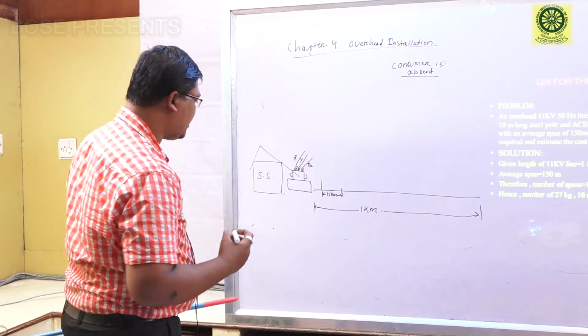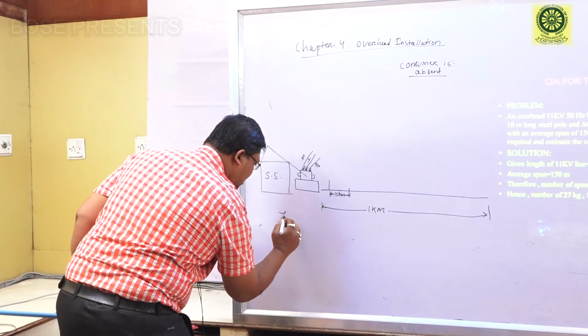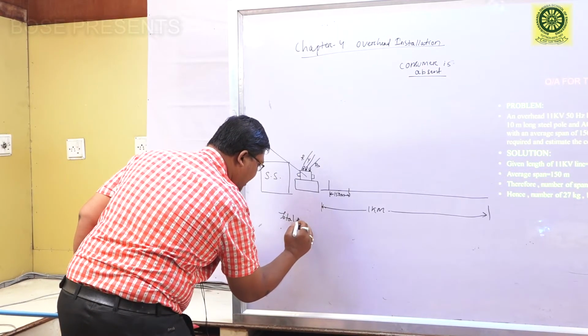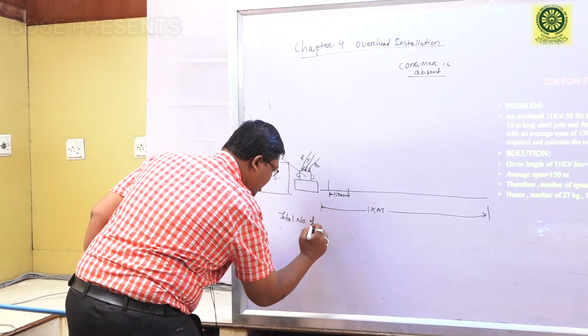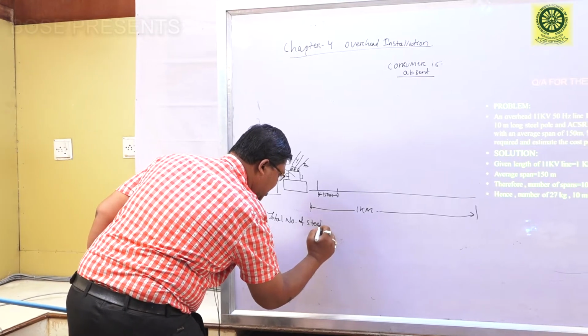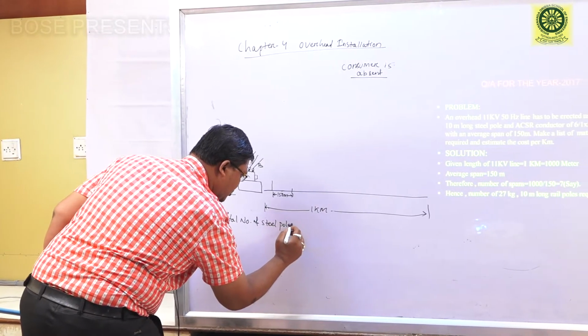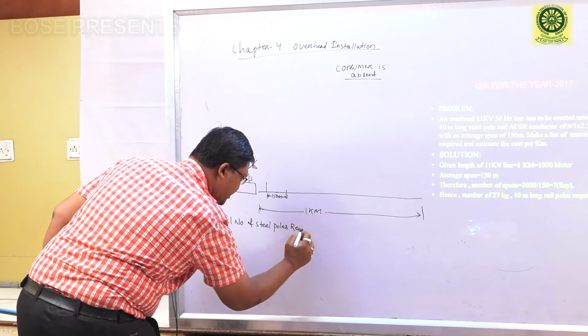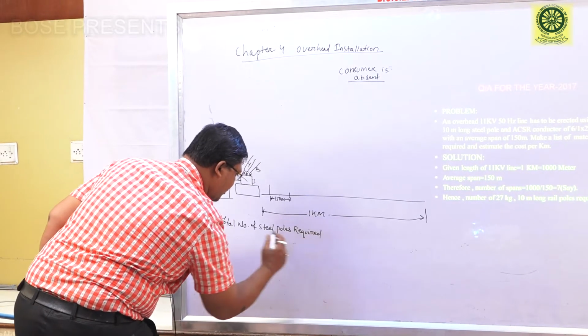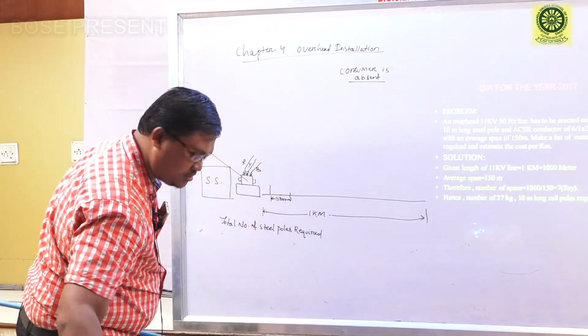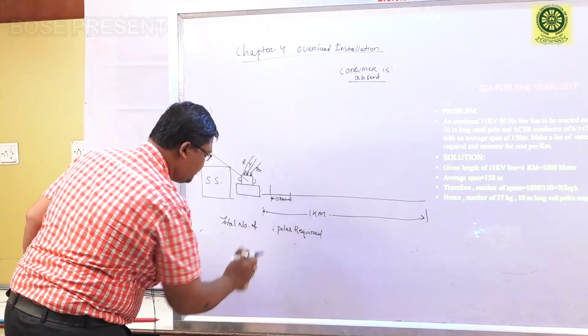We have to find out the total number of poles required. Here it is given rail pole, not steel pole, that is rail pole.